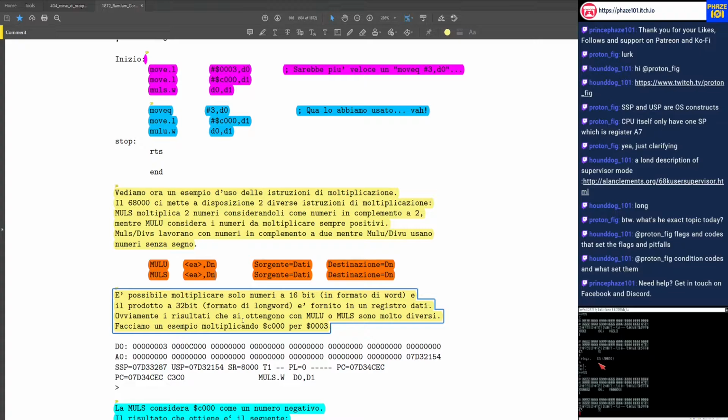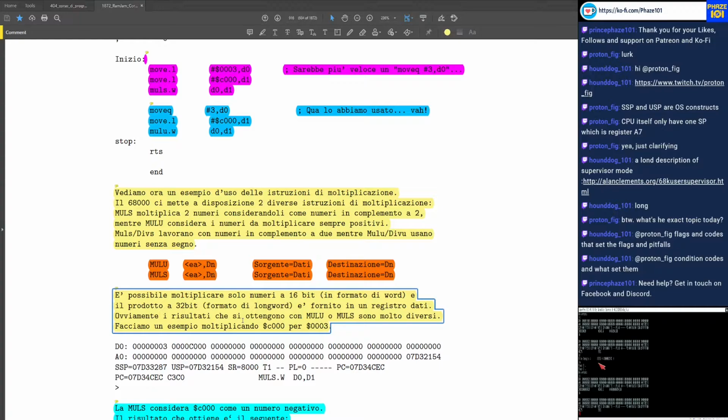Note one thing, okay? Just because it's a multiplication, multiplication unsigned and multiplication signed can give different results.